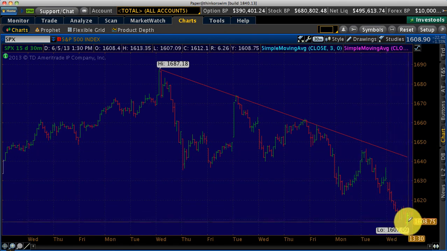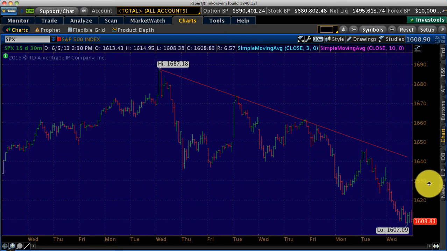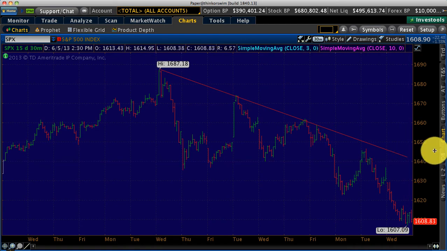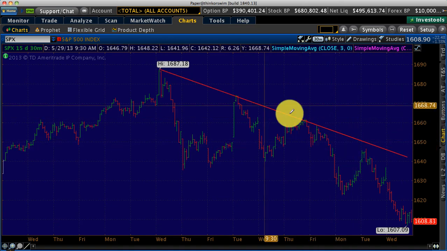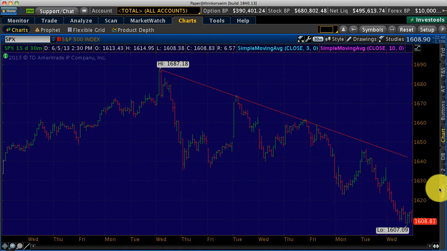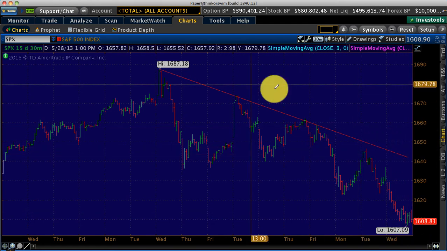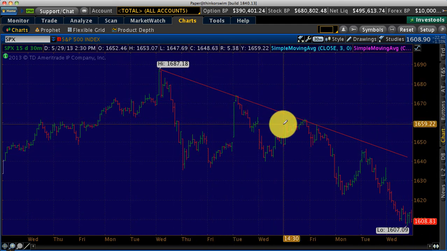So if this does turn around and if we get a bounce, then it remains to be seen how that bounce reacts to the trend line, because if it breaks through the trend line, then we could see a very big bullish move up, because you can see that it's tried to do that 3 or 4 times and it's failed. So the moment it breaks through, everybody else who's also looking at the same trend line is going to jump into the fray.